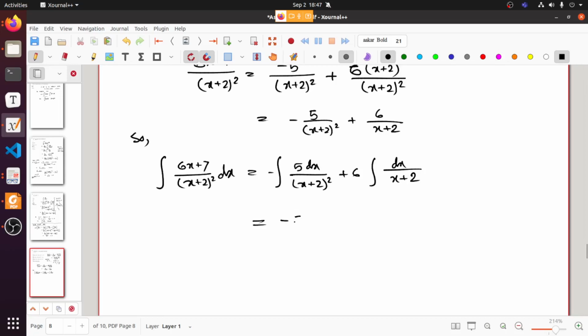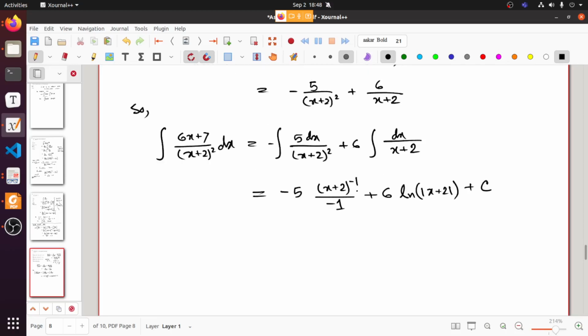The integration of the first is (x plus 2) to the power minus 1 by minus 1, plus 6 ln mod of (x plus 2) plus c, because this is an indefinite integral, so some constant will be there.